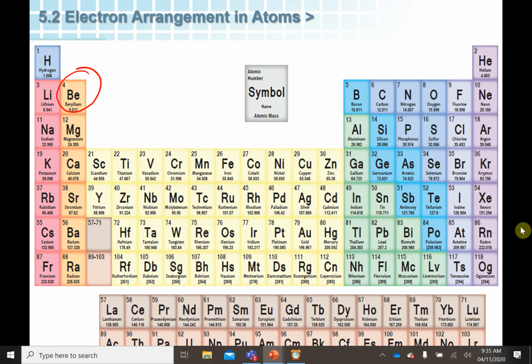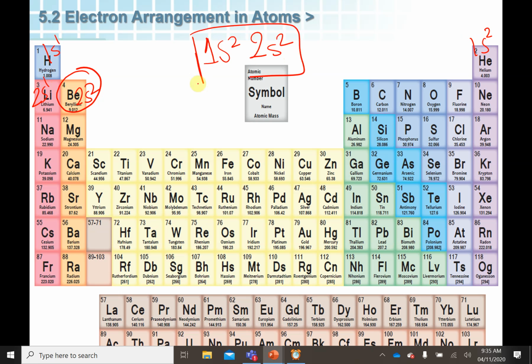Okay, so let's try writing the electron configuration first and then find the box diagram. Beryllium is here, so 1s1, 1s2. So my first is 1s2. And then 2s1, 2s2. So it's 2s2.